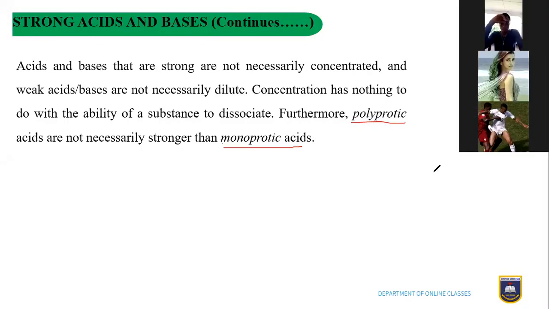Yes, polyprotic acids ionize more than one H plus ion, whilst monoprotic acids are those that ionize just one H plus ion per molecule. That's correct. Now, examples of polyprotic acids.